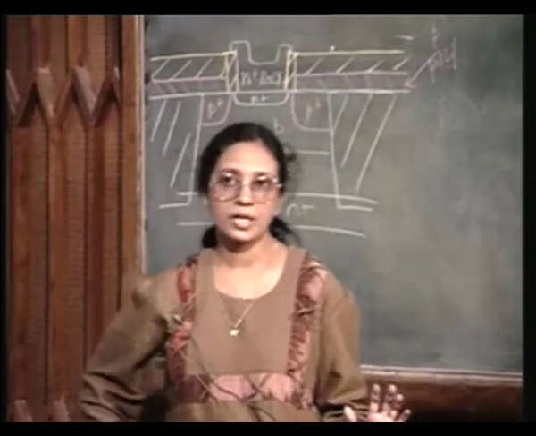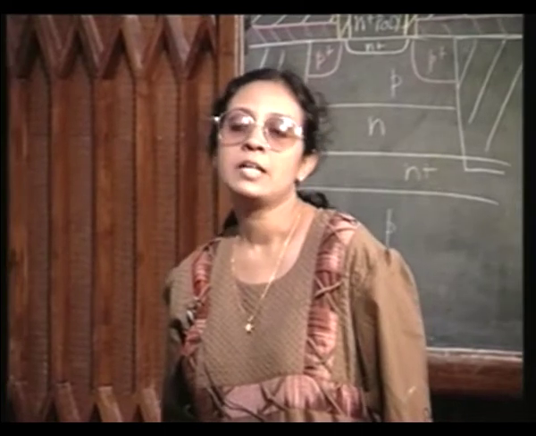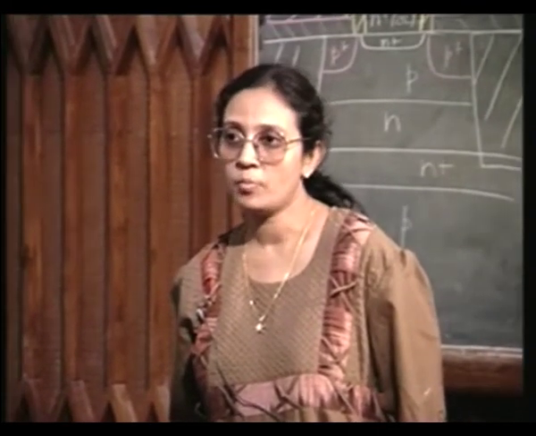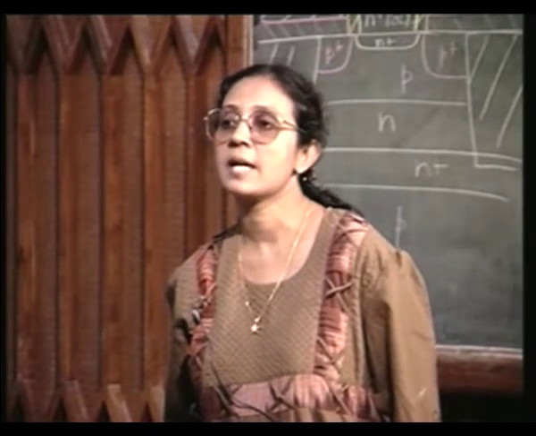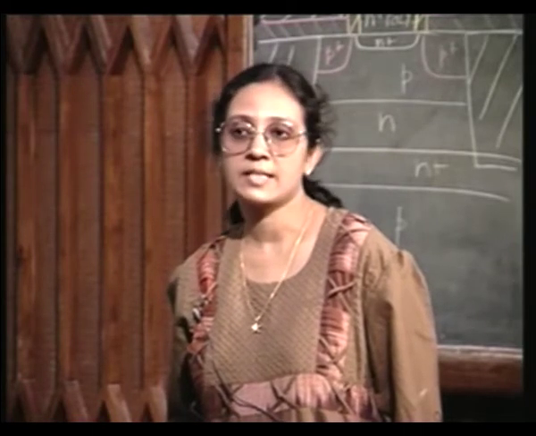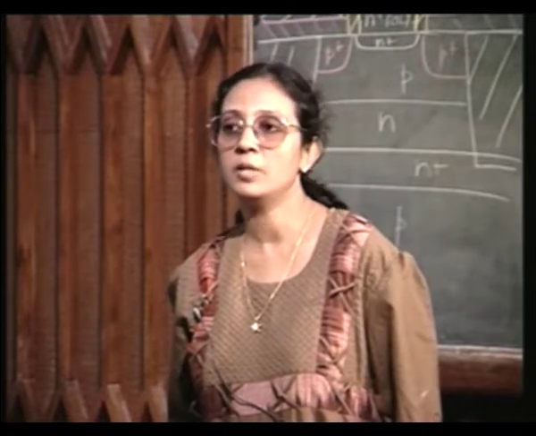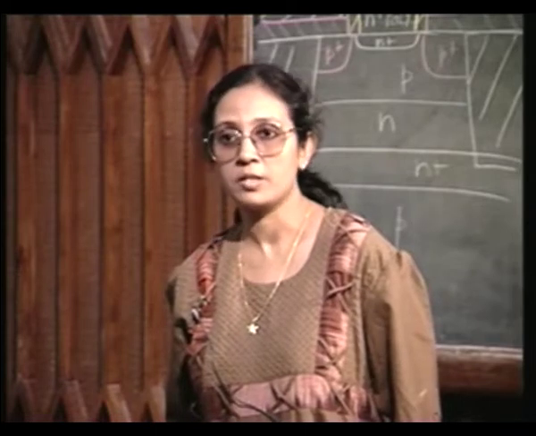What I am trying to drive at is this, that therefore, I can think of a process flow which will incorporate both ECL and I square L circuits in the same chip. Because you can see that the self aligned I square L has a lot of steps in common with the high speed polyemitter transistor.